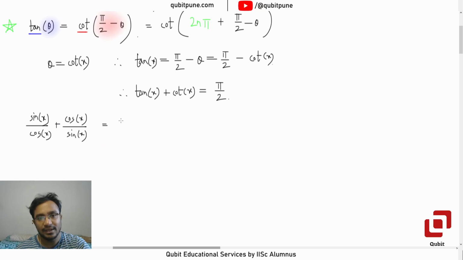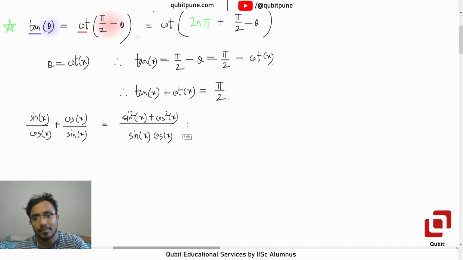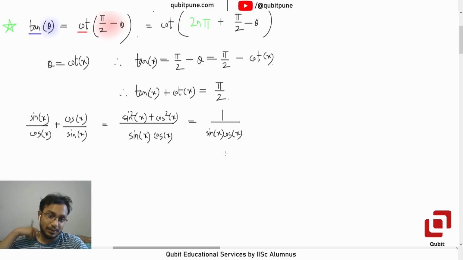It is sine squared x plus cos squared x after taking the LCM, upon sine into cos. And how much is this? This is 1 upon sine x cos x, or it is 2 by sine 2x.